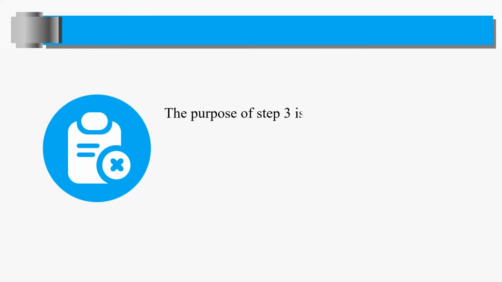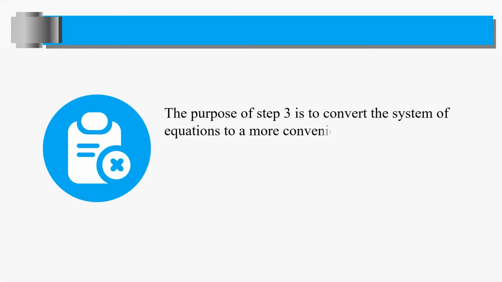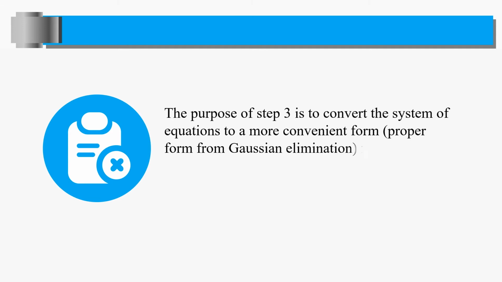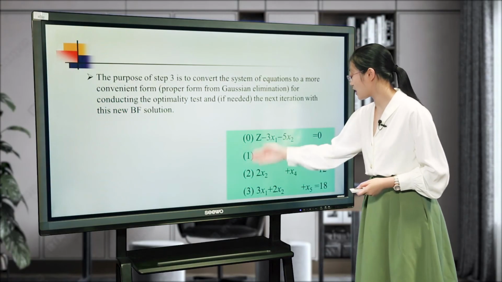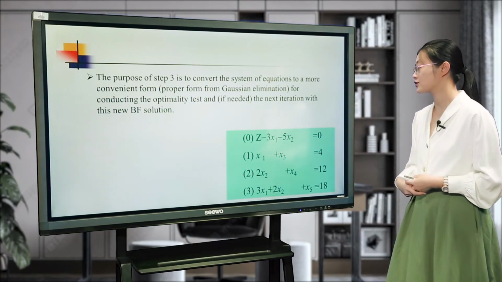So at this step, we need to perform an extra step in the iteration. The purpose of the next step is to convert the system of equations to a more convenient form for conducting the optimality test and for the next iteration with this new BF solution if needed. This is our original system of equations, the constraints.